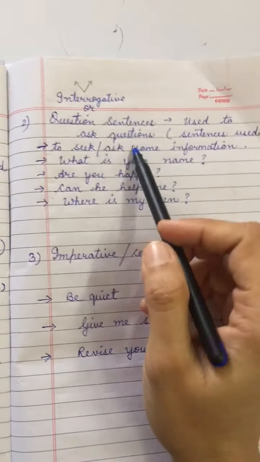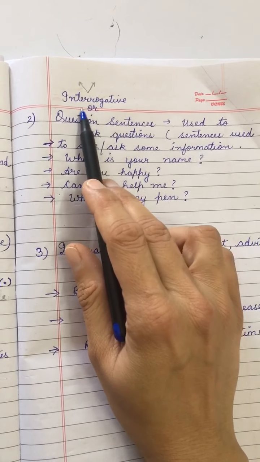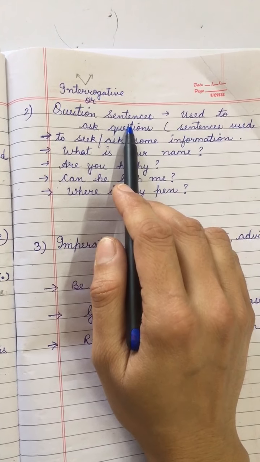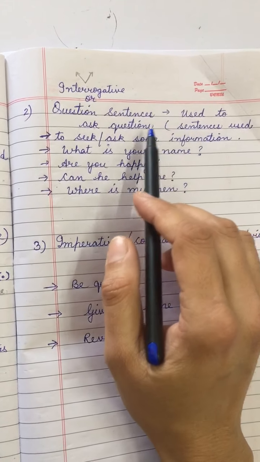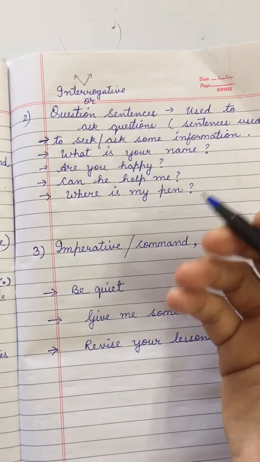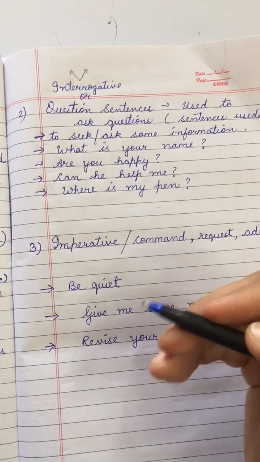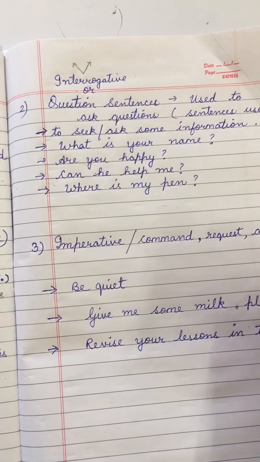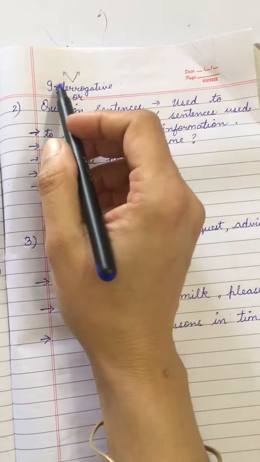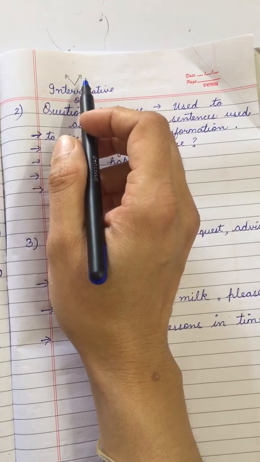Now let's come on to the second type and understand. Second is interrogative or question sentences. That means these sentences are used to seek some information. Here I am not telling, rather I am asking to get information. Now these sentences normally are of 2 types.